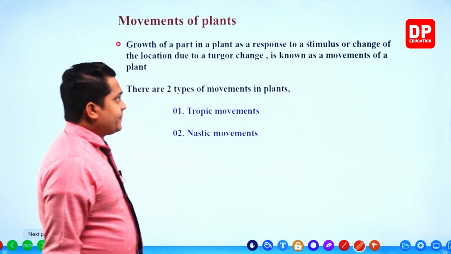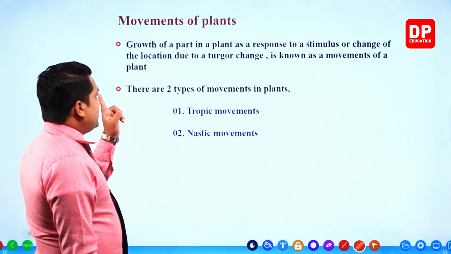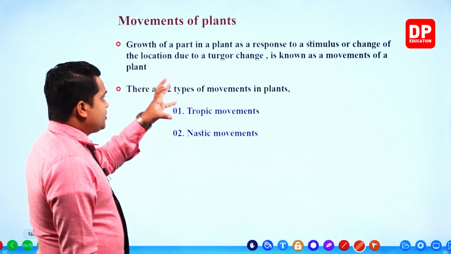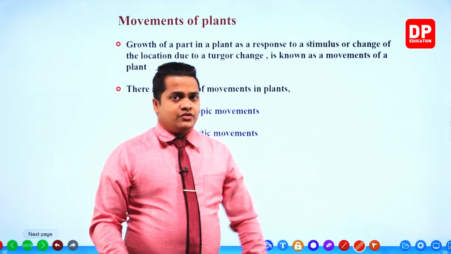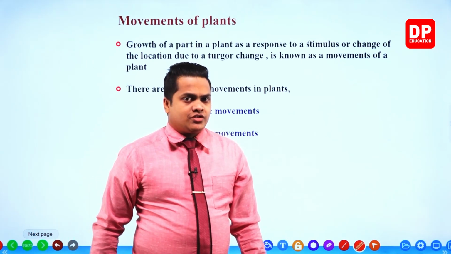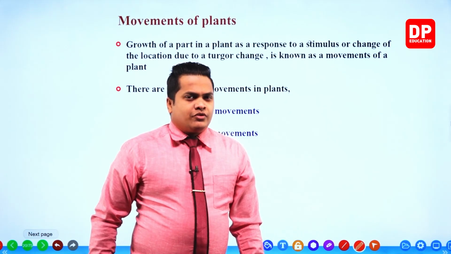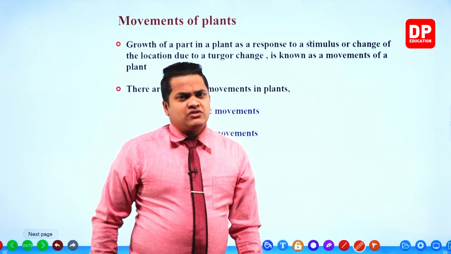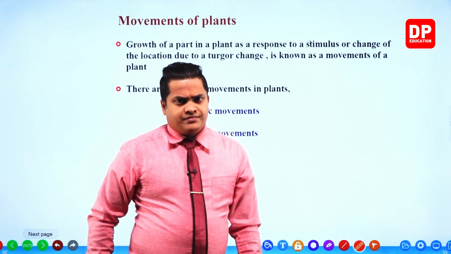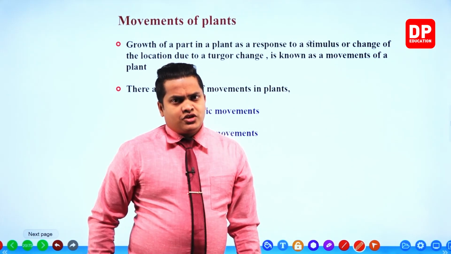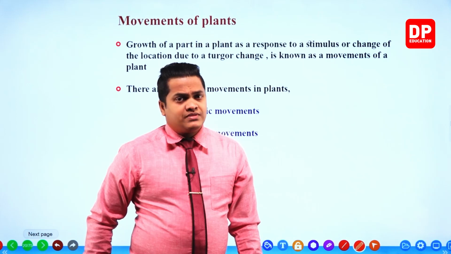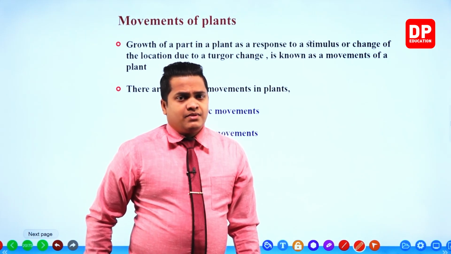Then the next one, change of the location due to temperature change. Temperature means you can say it as a pressure change. So due to change in the pressure, the location is also getting changed somewhat. The initial location is getting changed. Especially this can be observed within the leaves like the mimosa plants.